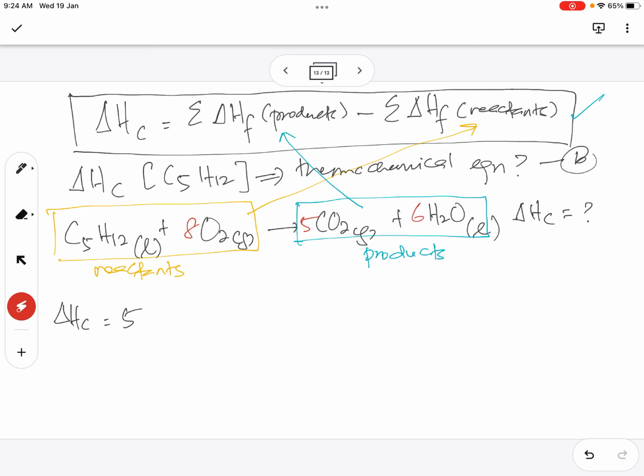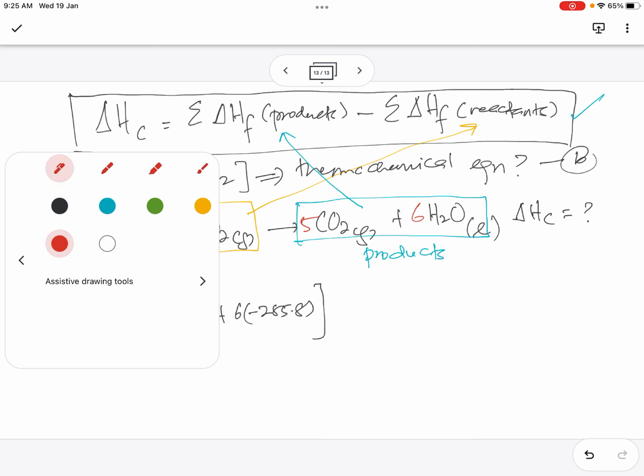CO2 punya nilai adalah minus 393.5 plus. Okay. And then we check water. That is 6. Water punya value dalam jadual minus 285.8.